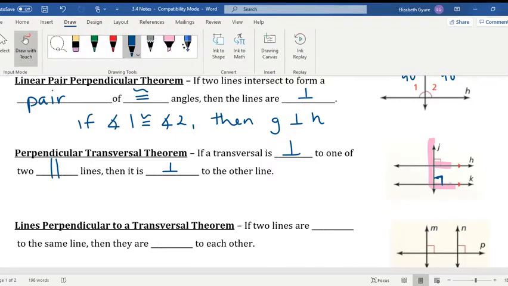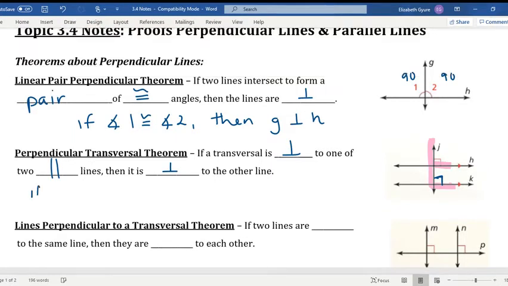So what we would say is if line J is perpendicular to line H, and line H is parallel to K, then you can say line J is perpendicular to line K. And this is my weird cursive J, that's what that is.